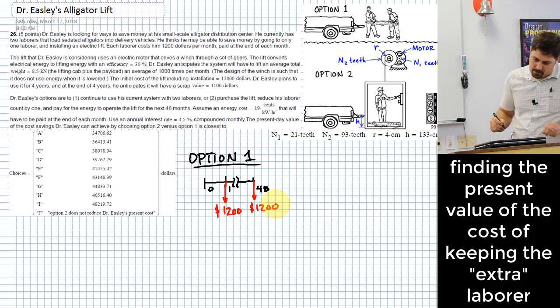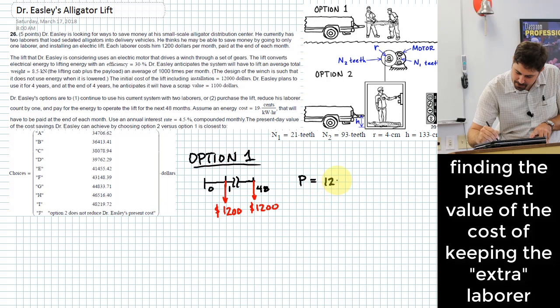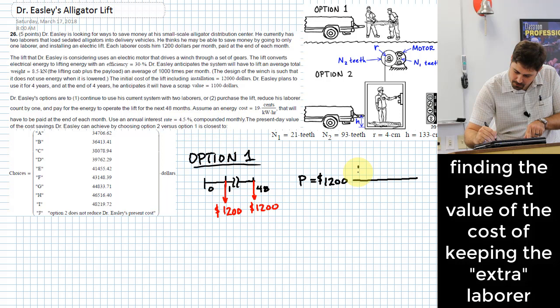Okay, and we're supposed to do this based on present value. Okay, so P given A for this, P is equal to 1,200 times what? Okay, we're supposed to do an annual interest rate of 4.5% compounded monthly. So we basically take 1 plus 0.045 over 12.